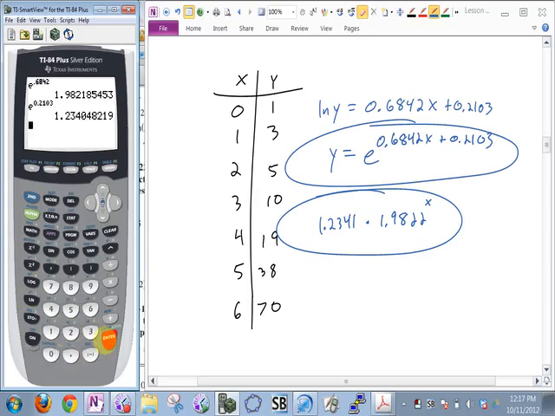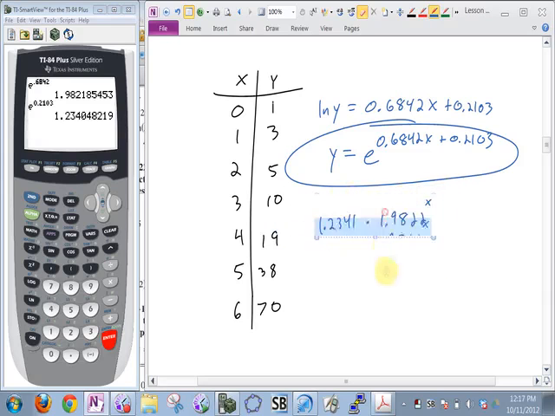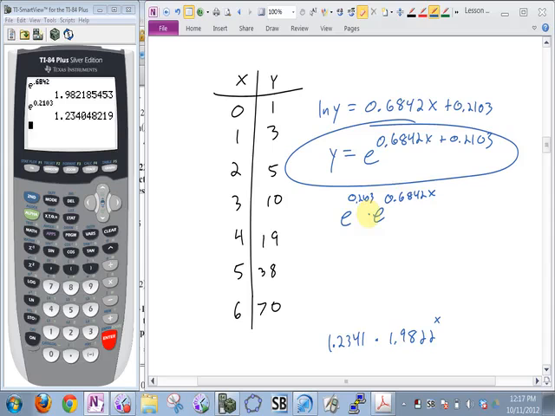Okay? Because what technically happens here, this becomes e to the 0.6842x times e to the 0.2103. Because how do you multiply powers that have the same base? You add the exponents. So can't I use that rule backwards? If you see an addition in your exponent, can you rewrite that as a multiplication of two powers?